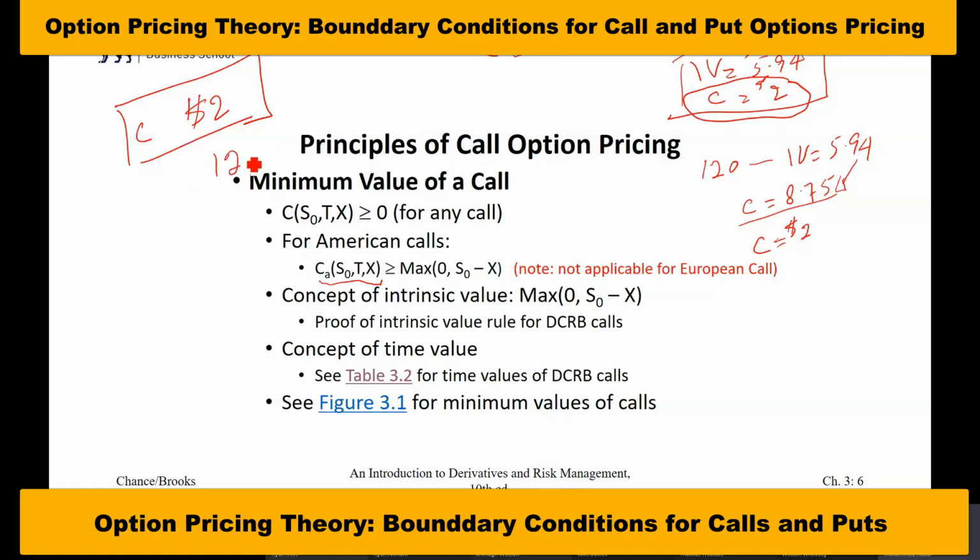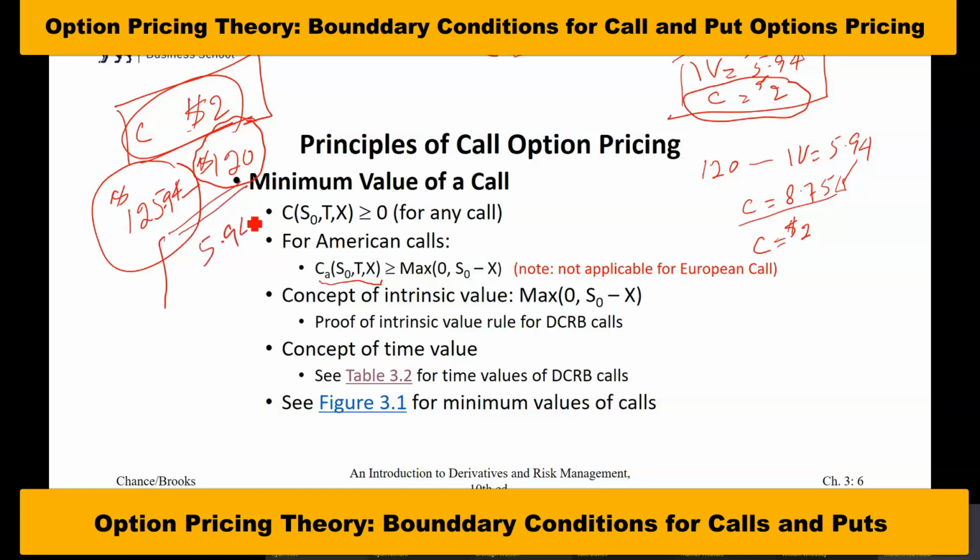I will pay the writer of the call $120, which is the exercise price, and I will receive the share worth $125.94. I sell it in the market for 125.94, so my gain from the call exercise will be 5.94.